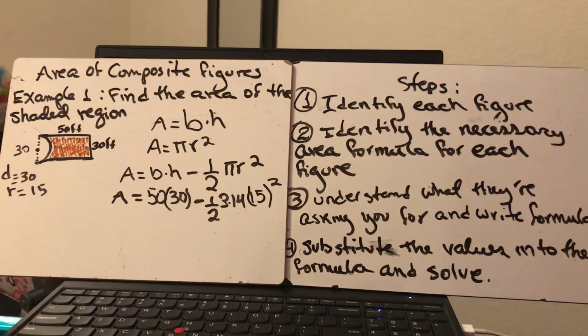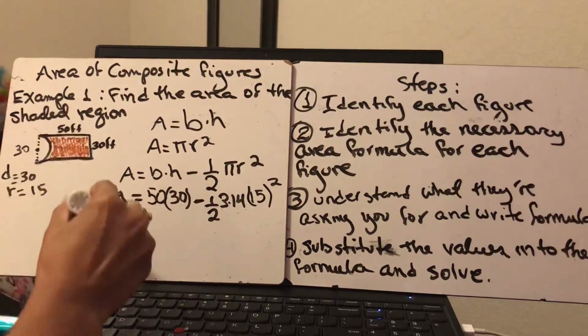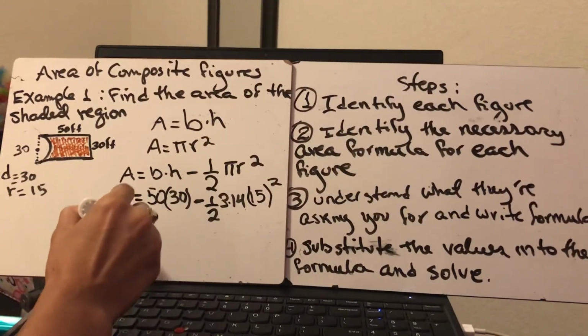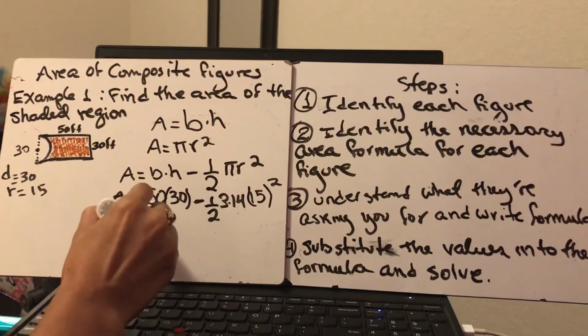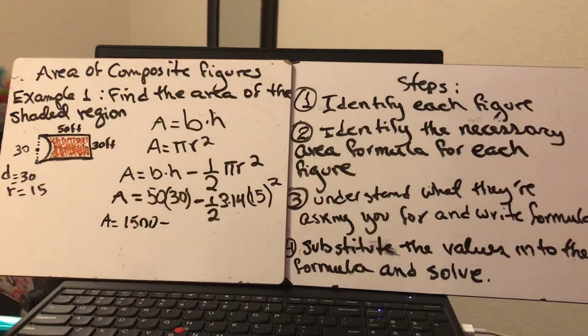Now I'm going to just do the simple math here and make sure I get that area. So 50 times 30, you can put all that in the calculator. Do it real quick. Area is 1,500 minus half of the area of the circle. And you can do it one step at a time.